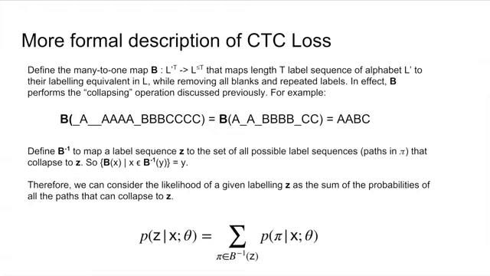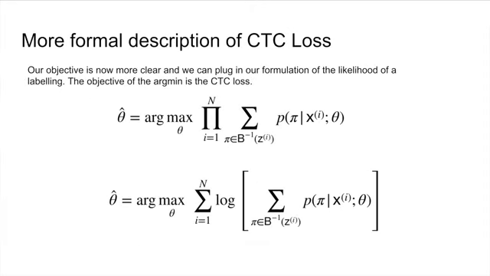Now we can denote the likelihood of a given labeling as the sum of the probabilities of all these paths that collapse to Z. We can notate that as the paths coming from B inverse of Z. So now we can put these all together, and we can plug in what we found for P of Z, which is the sum over the probabilities of all the paths given the input sequence and our parameters, to get our maximum likelihood parameter estimate.